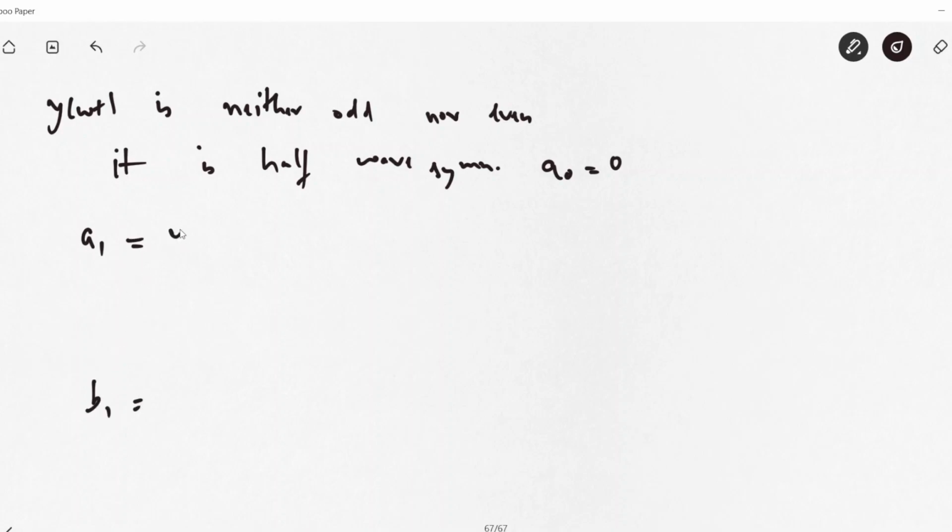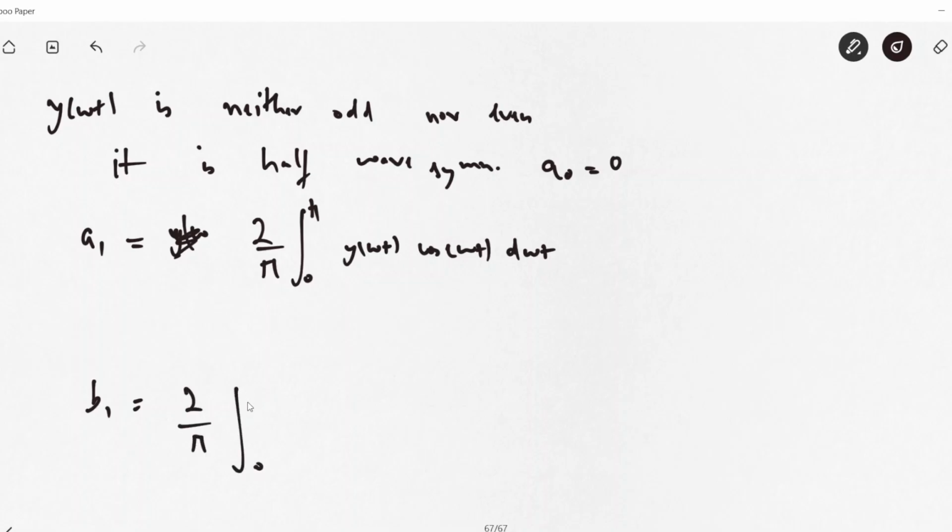a1 will be equal to 2 by pi, 0 to pi, y of omega t cos omega t d omega t, and b1 will be equal to 2 by pi, 0 to pi, y of omega t sine of omega t d omega t.